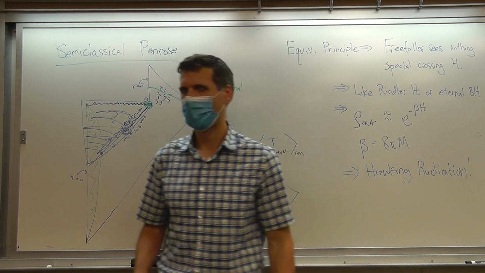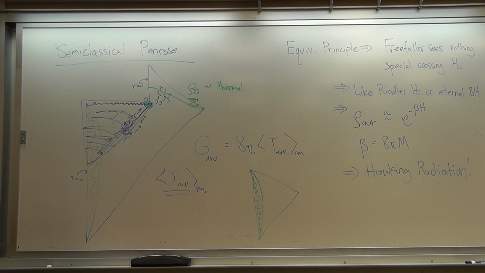If I do the calculation the way Hawking did, I look at the mode transformation. In which step did I put in that the horizon is smooth?